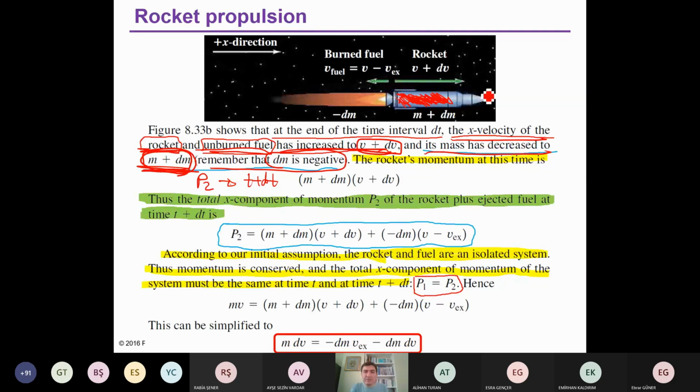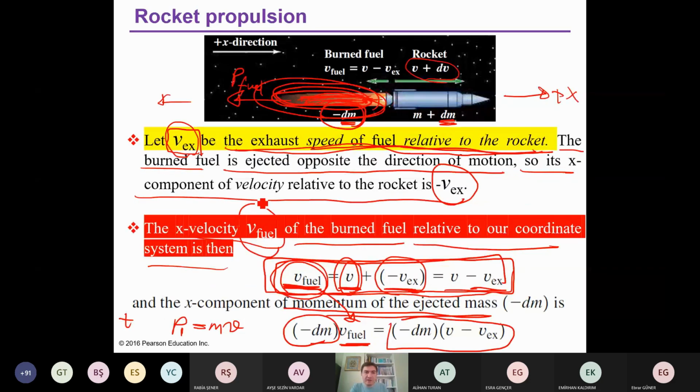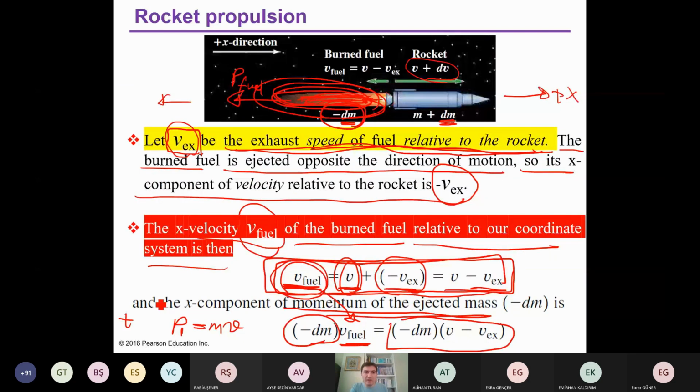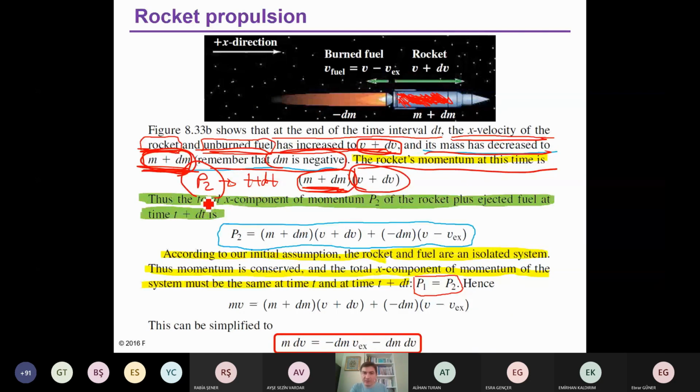So what about the rocket's momentum at this time? The rocket's momentum is given by m plus dm, the mass of the rocket, times the velocity of the rocket. This was the momentum of the rocket when the time is t, and this is the momentum when the time is t plus dt.